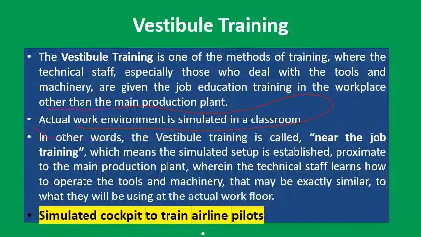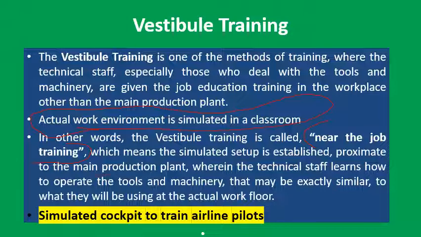That is vestibule training. It is a kind of simulation, but in an extended way. We call it near the job training, because the training environment gives a similar experience to the work environment. Near the job means a simulator is set up approximate to the main workplace or production plant.